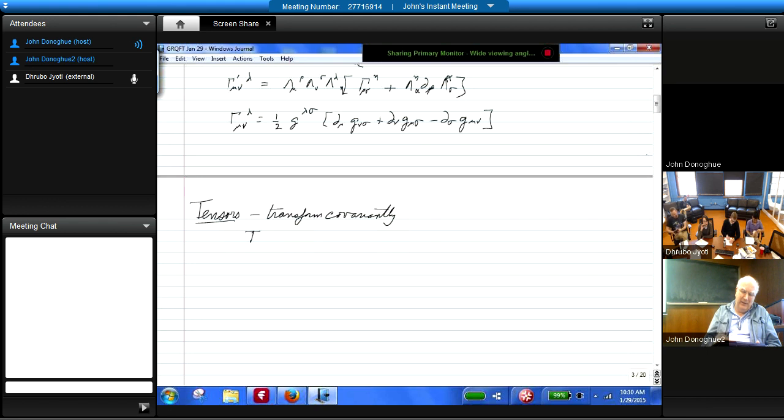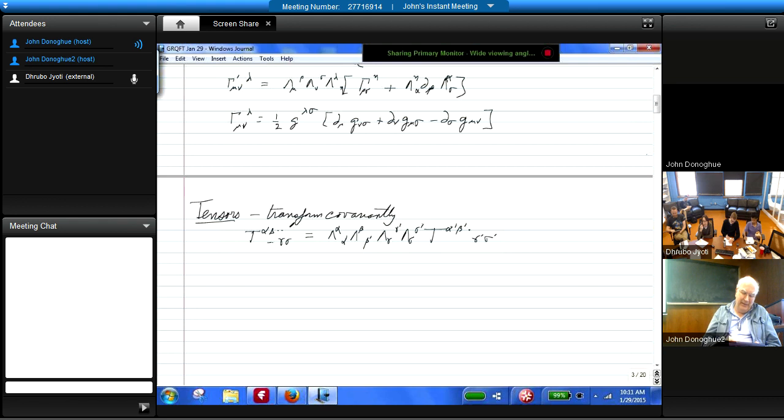Which means that if I have some tensor T with some indices upstairs, let's say alpha, beta, and gamma, sigma downstairs, and maybe there's more of these floating around, that transforms as lambda, lambda, lambda, lambda, T. So it's alpha prime, beta prime, gamma prime, sigma prime.